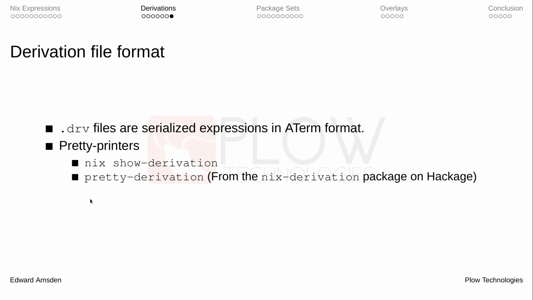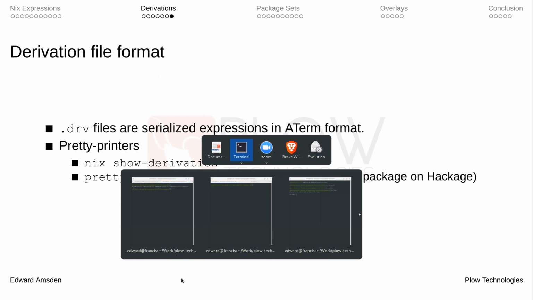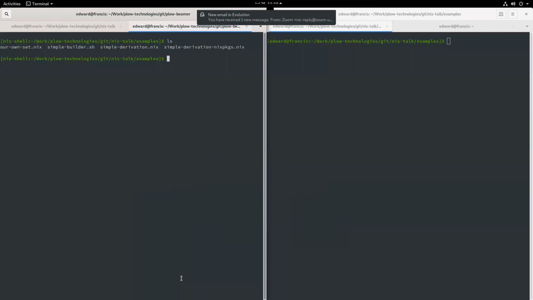There's another one from Gabriel Gonzalez, the nix-derivation package on Hackage, and that has an executable called pretty-derivation that will pretty print in a slightly different way, but both are much more readable than trying to read the A-term serialization. So we'll jump over to a terminal here, and we'll actually take a look at a simple derivation.